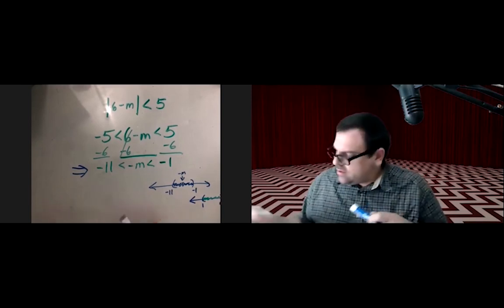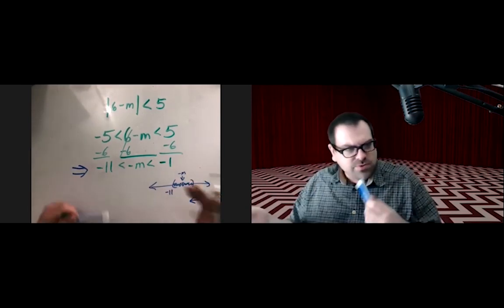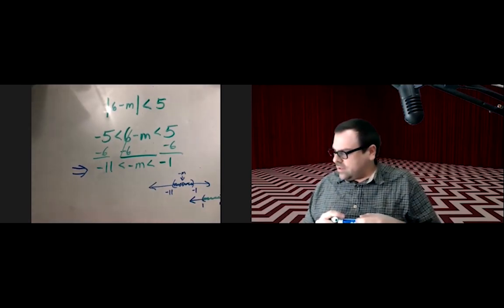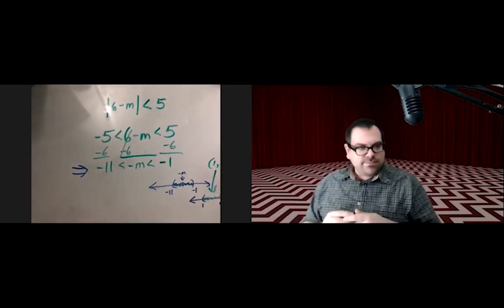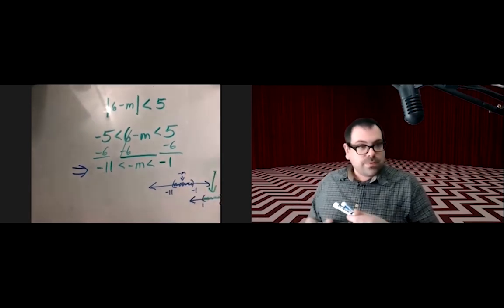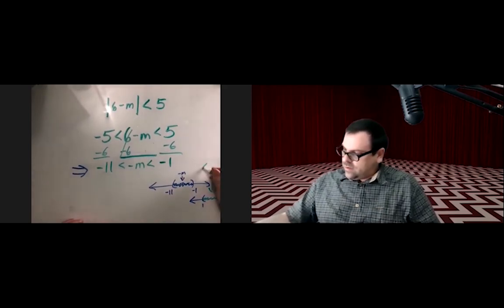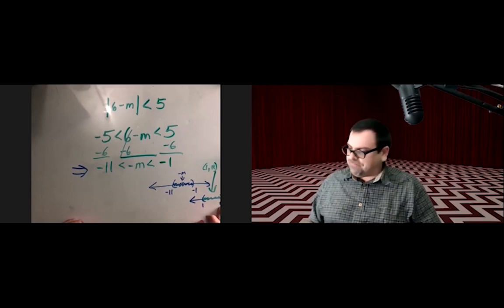So I'm betting, just based on looking this through, and I'm not using algebra, I'm just looking at the graph and talking about what this means. I'm betting that the answer is going to be between 1 and 11. So I just realized I cut off here. This is just an 11 with a parenthesis right down here. So 1 and 11.